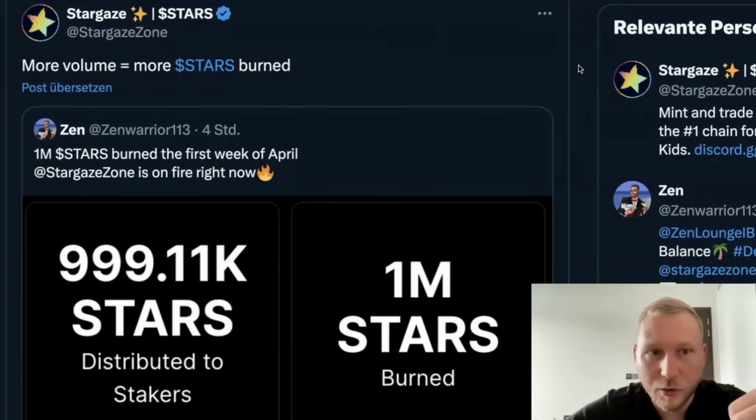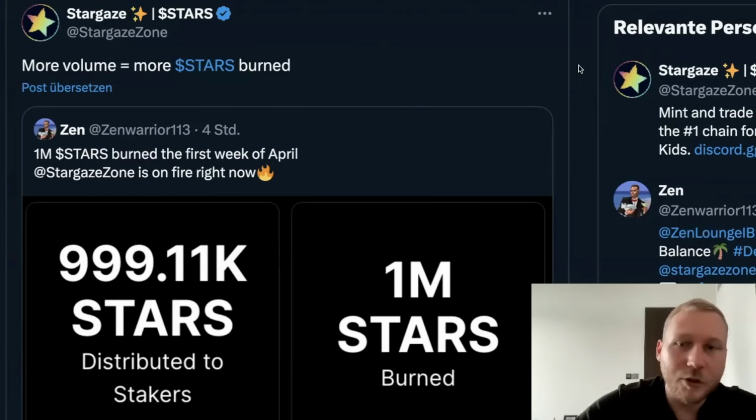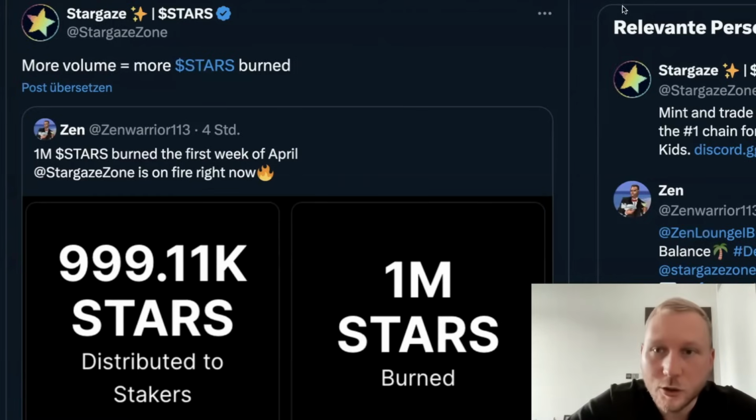So Stars stakers would accrue Atom, Osmo, TIA, at least that's my understanding. And 50% would be used to buy back and burn Stars, which is obviously very bullish for the Stars price and for the deflationary effect. So that's something that could be a game changer for Stars. And if you're long NFTs, bullish on NFTs, you should definitely put Stargaze on your watch list.